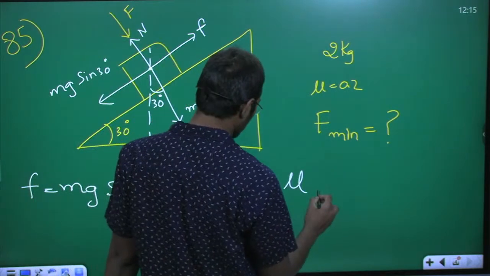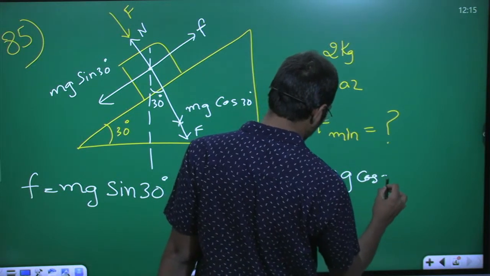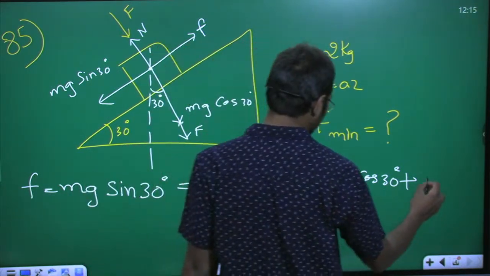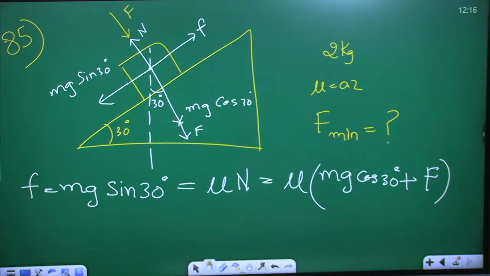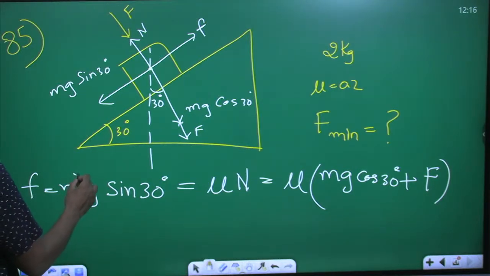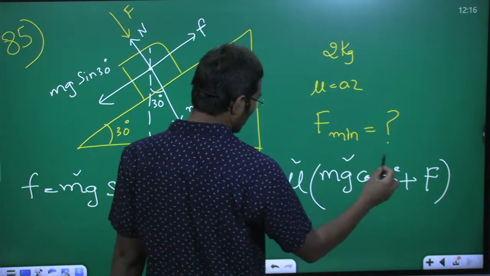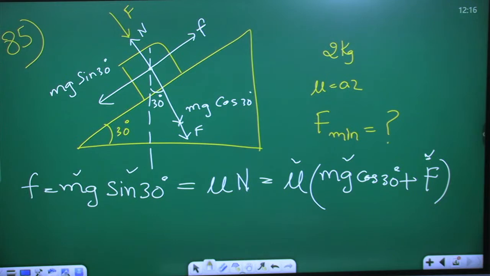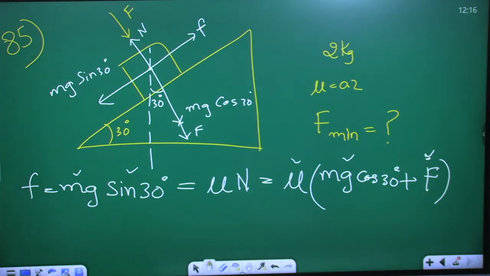N is equal to mg cos theta plus F. See, this is the equation that needs to be framed. If you can frame this equation, you are done. Because we know mg, we know the angle, we know mu, we know mg cos theta, we need to find F. So if we can apply Newton's equation along the inclined plane, we can solve the question.